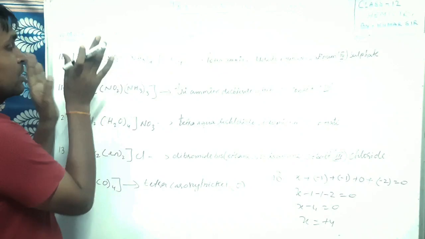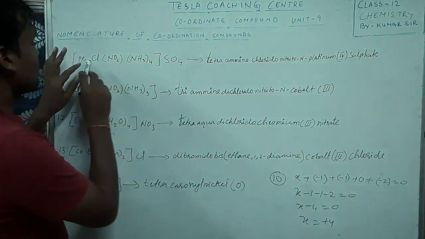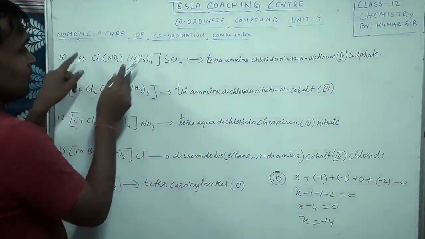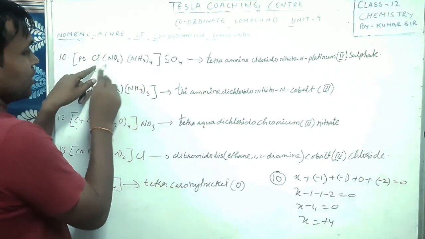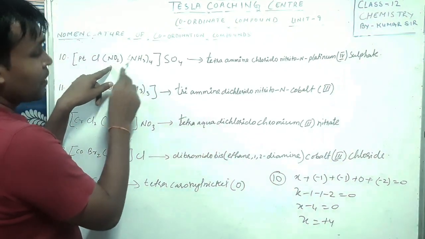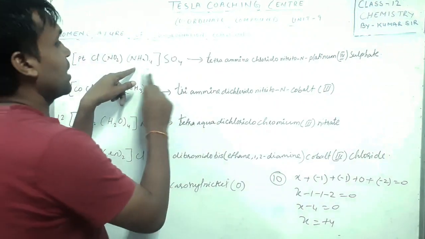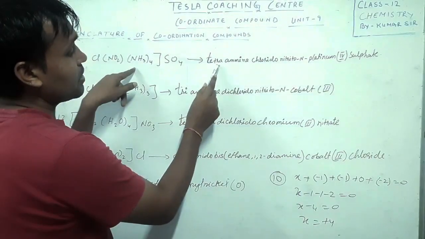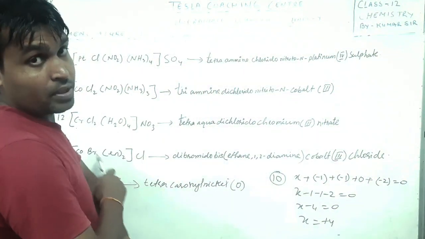Now coming to the naming. So first is our coordination entity. So we'll start the naming from this one first. These are the counter ions. Okay. So now coming inside the coordination entity, that is inside the bracket. Now you see this is chlorido, this is nitrito, and this is amine. So alphabetically this one comes first. So we'll start here. Okay, tetra, T-E-T-R-A. Don't think that I made a mistake here, not writing capital.